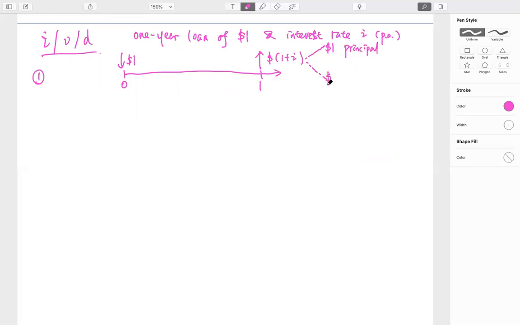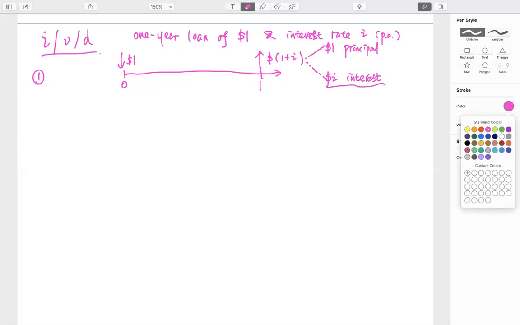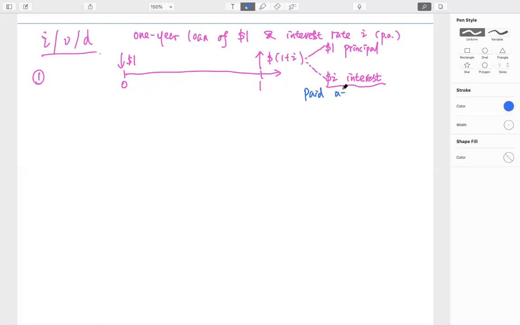The second component is i, the interest. Because this is a unit loan, the interest is the same as the interest rate. What I want to emphasize is that this interest is paid at time 1. So I pay back $1 principal plus i dollars interest at time 1, the maturity time of this loan.